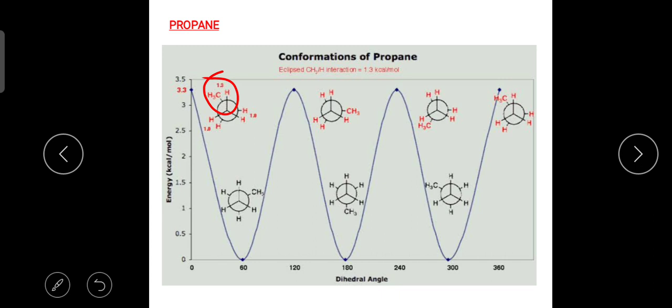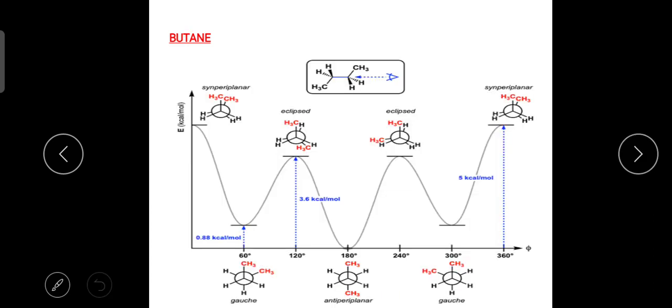And next one is butane. The butane molecule is very interesting because in n-butane, the rotation about the C2-C3 carbon-carbon single bond gives various conformations, which are shown in this figure.